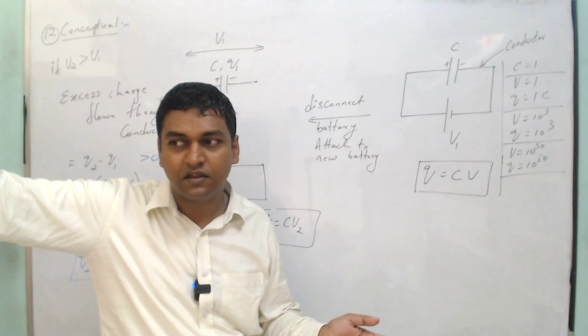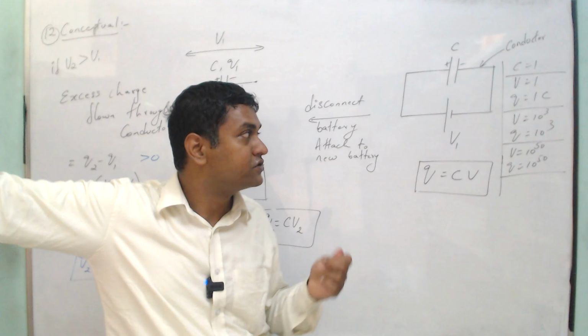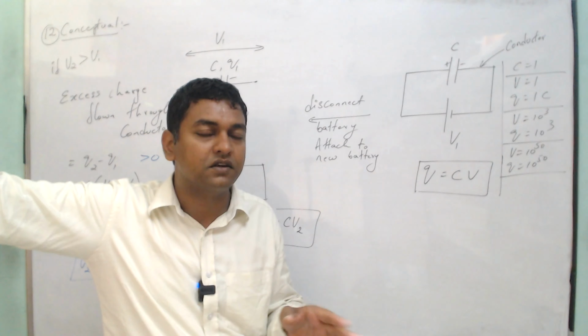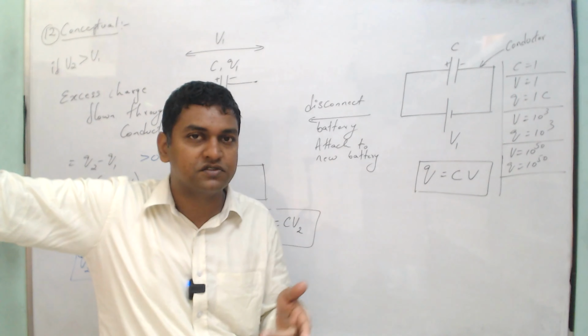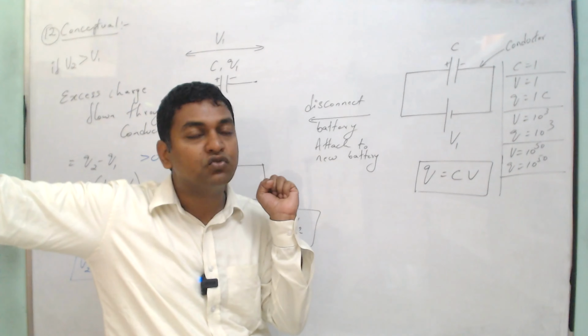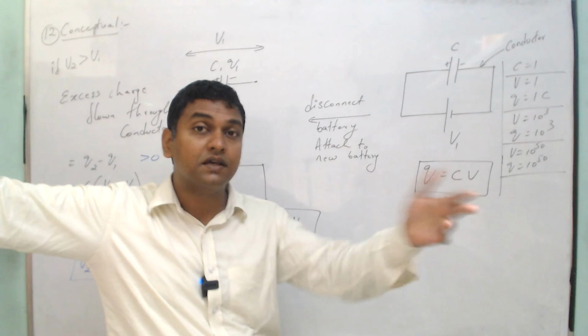A conductor gives free electrons. If from an isolated conductor I take minus 10 coulombs, then plus 10 coulombs will be created.